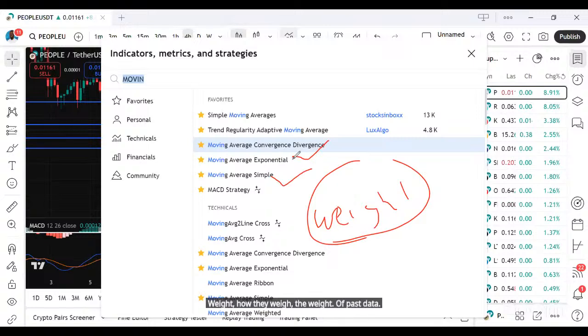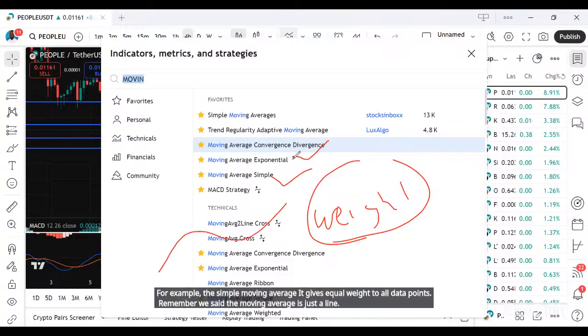For example, the simple moving average gives equal weight to all data points. Remember, we said the moving average is just a line.